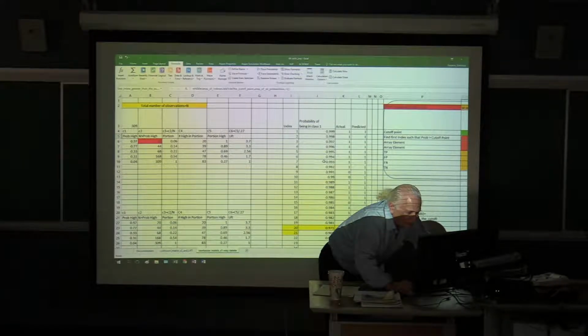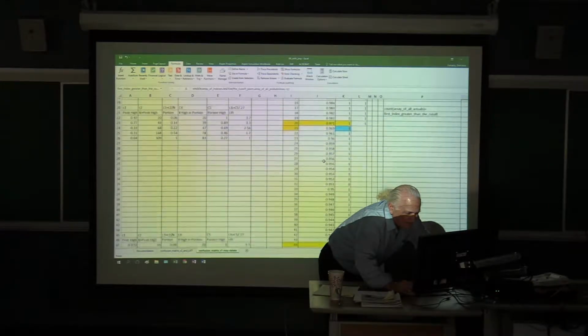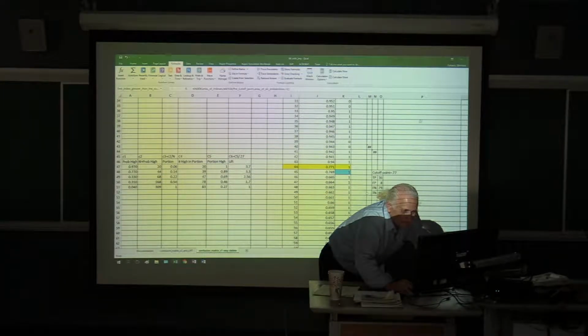There's 44. This is the second cutoff point, and I calculate these numbers here as well. So 36 plus 40 plus 8 is 44. This is the total number above the 0.77.